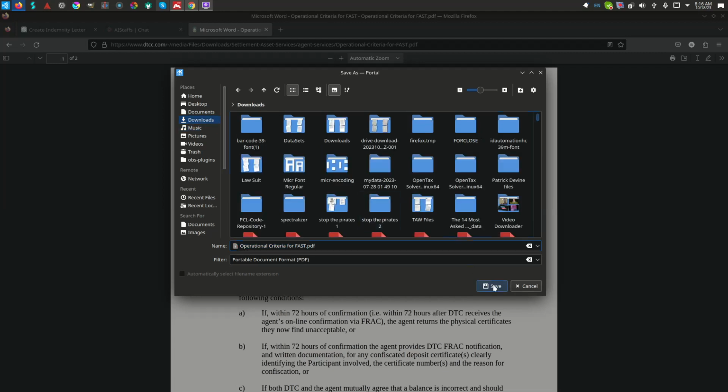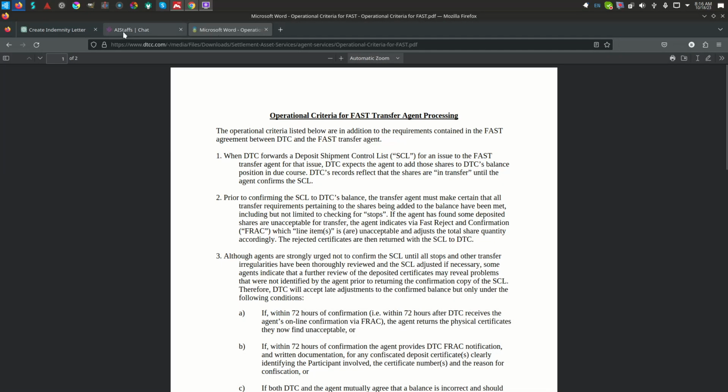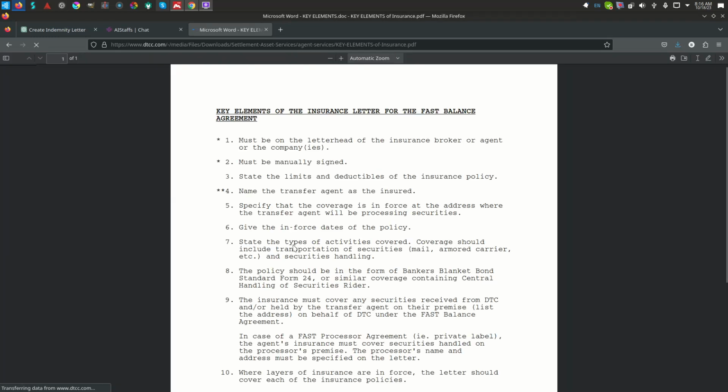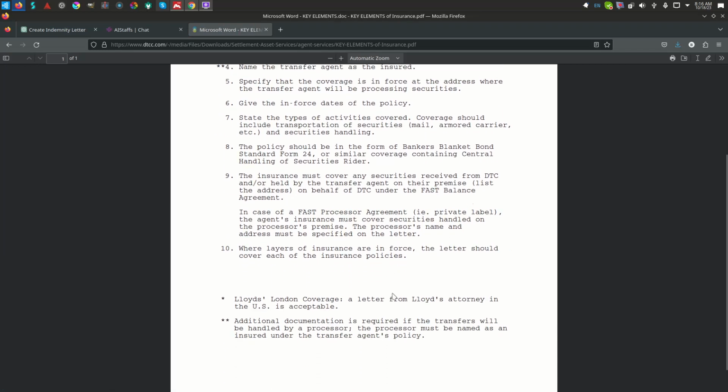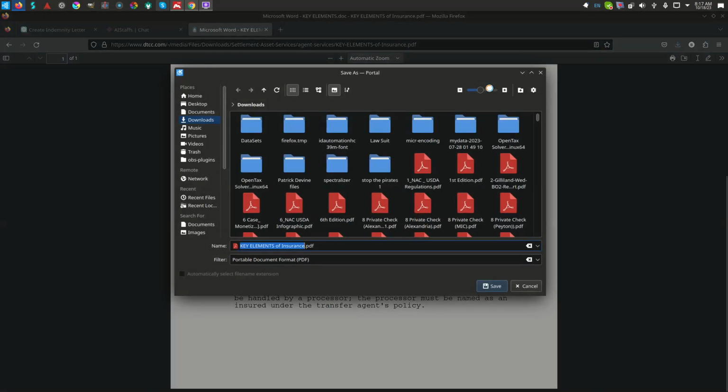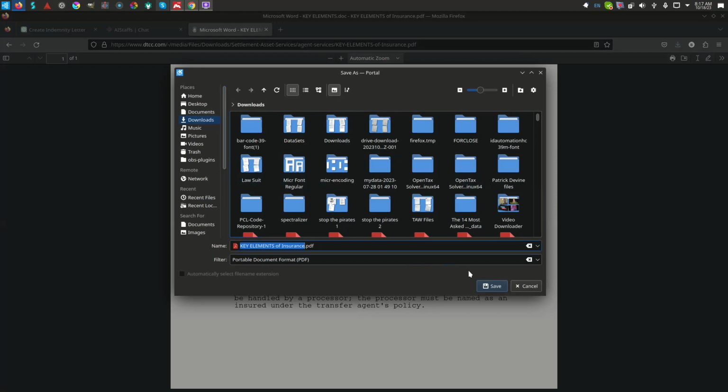I'm a perpetual student, as you can tell, and we're always in that mode. So we go back out here, back to this website. And we're looking at the key elements. Oh, wait a minute. There's the key elements for insurance. It's right there. Oh my God. And it gives us documentation. We'll just add that to the coffer now, won't we?